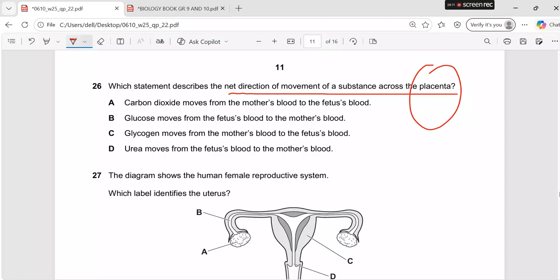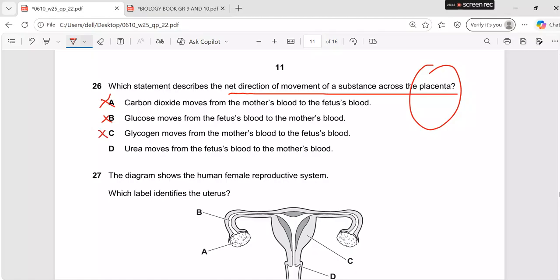Is it carbon dioxide moving from the mother's blood to the fetus blood? The carbon dioxide is moving from fetus blood to mother's blood, so we eliminate that. Is it glucose moving from the fetus blood to mother's blood? Again, it's opposite. Is it glycogen moving from the mother's blood to the fetus blood?